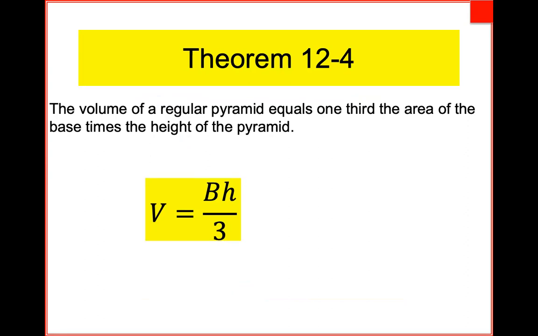So the formula for the volume of a regular pyramid equals base area times height divided by 3. And this is the last formula of the day.